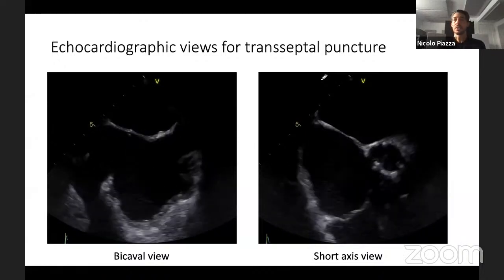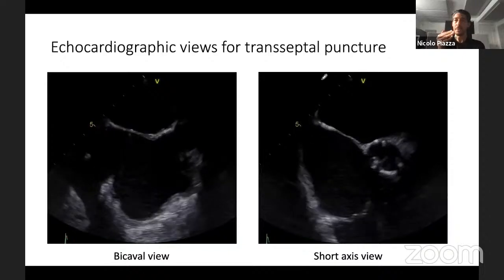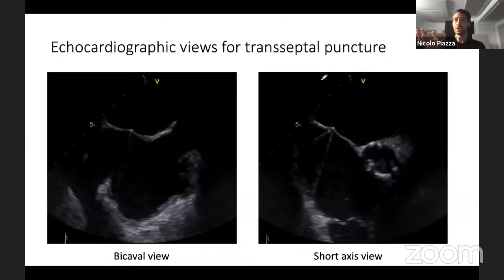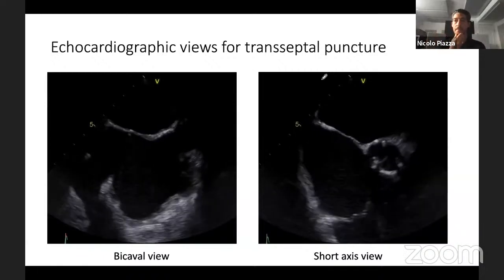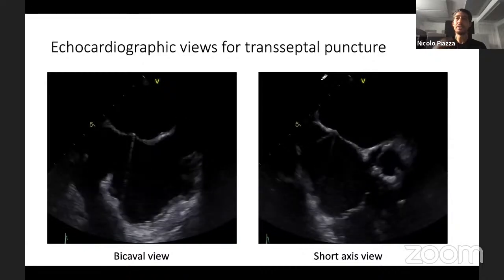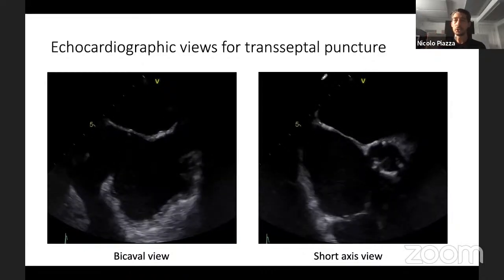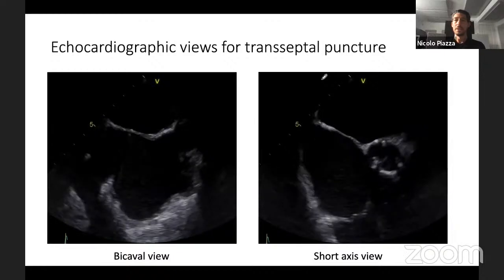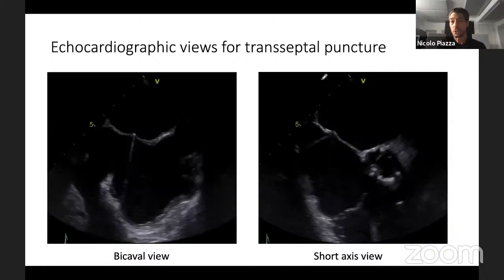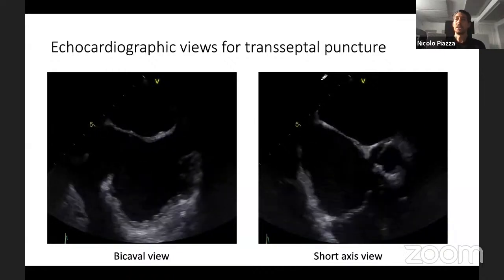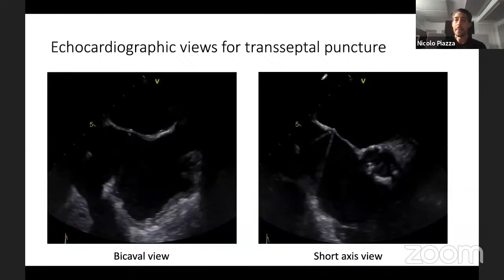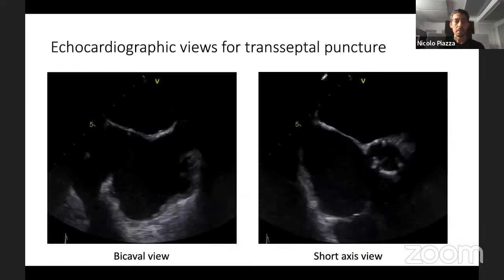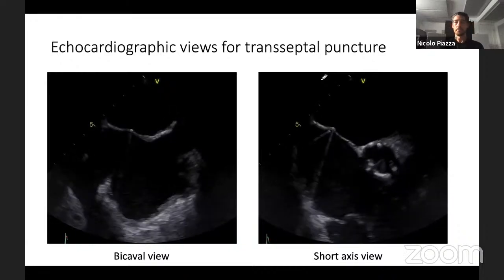And as soon as you understand where your atrial septum is relative to your target structure in the bicaval and short axis view, then you'll understand why you would need to do a certain type of location of puncture for your procedure. And if ever a new procedure comes out, it also gives you a basis for you to be creative and maybe provide some suggestions.